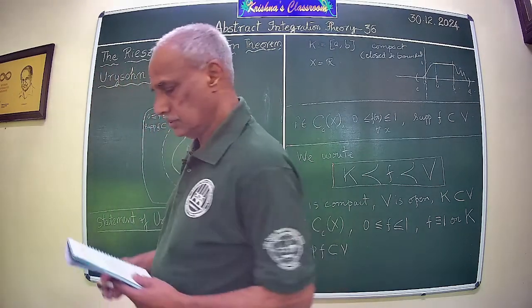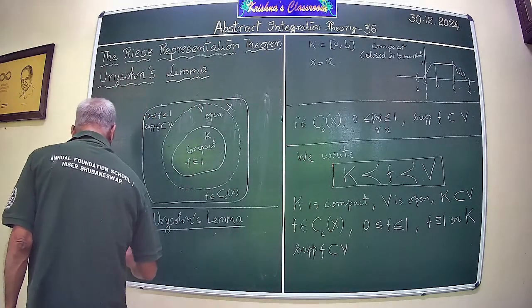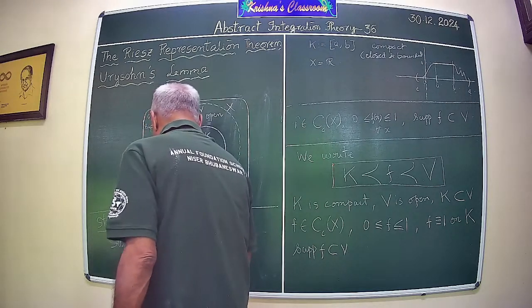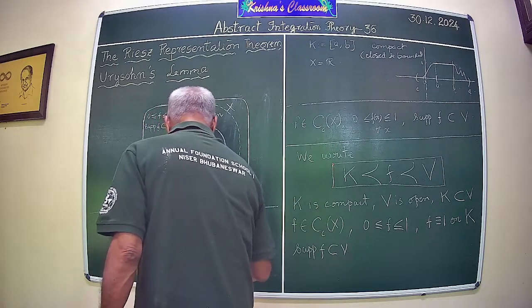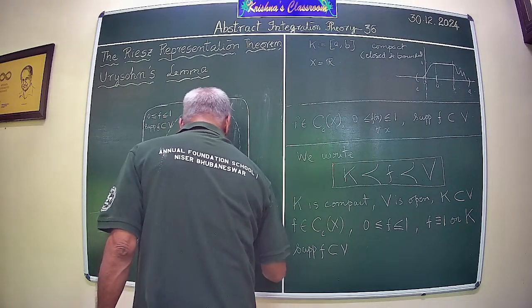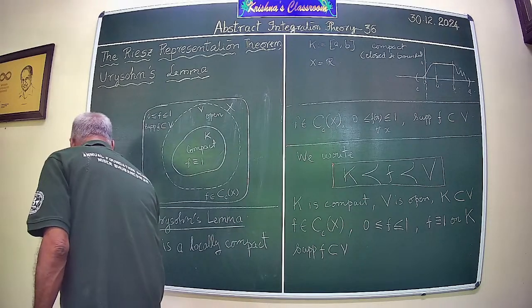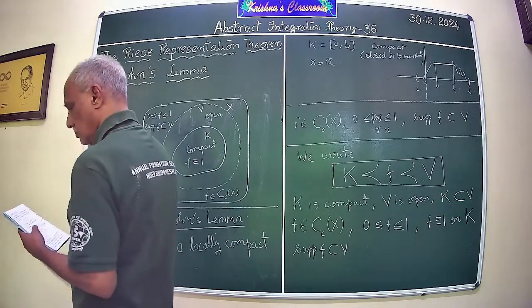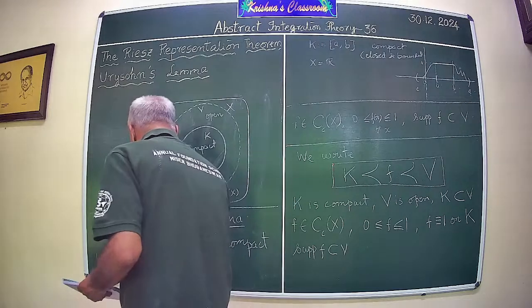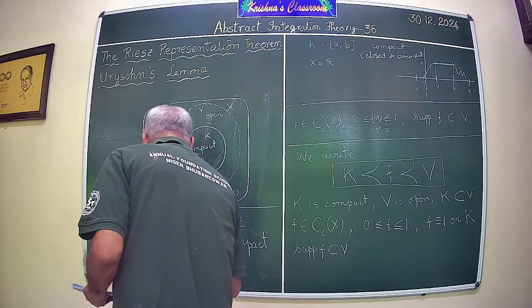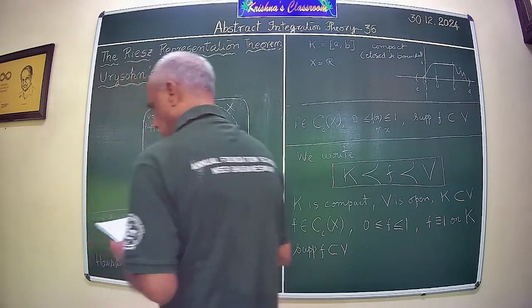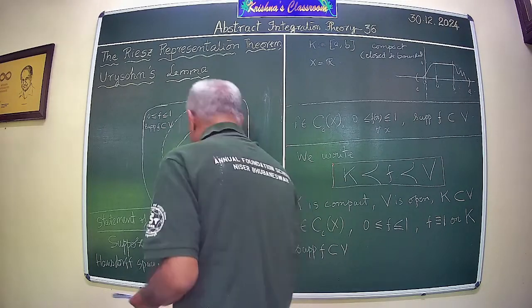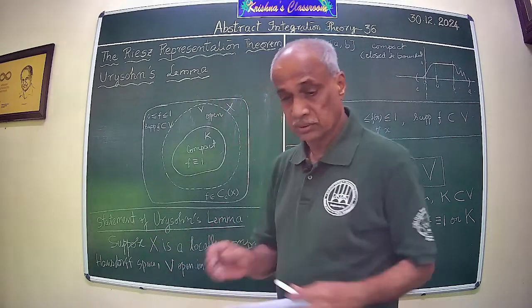Suppose X is a locally compact Hausdorff space, V open in X, K contained in V, and K compact.